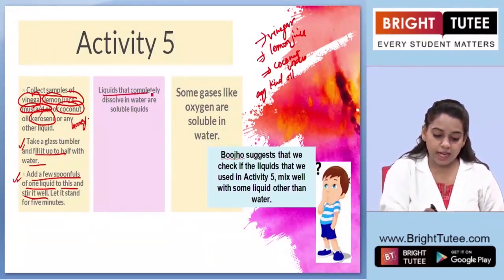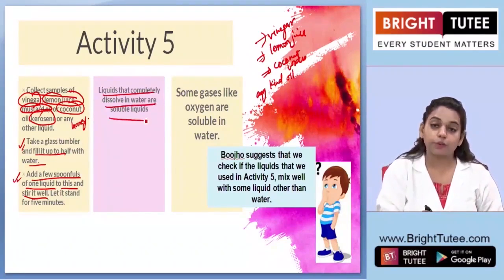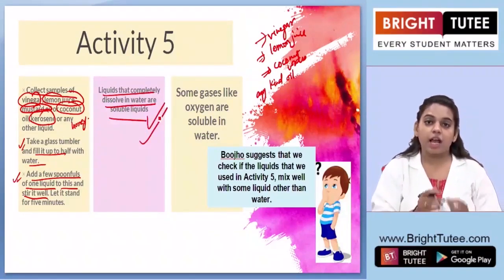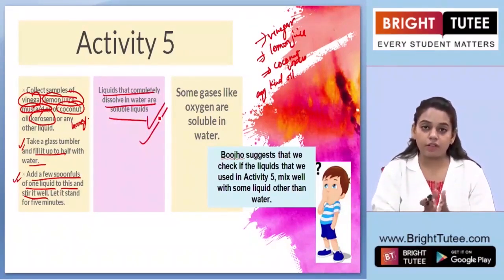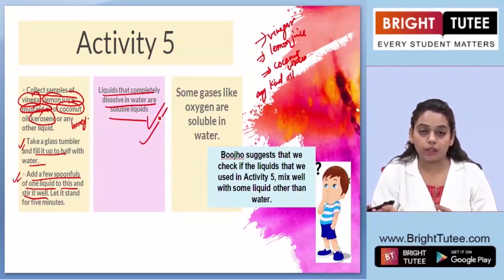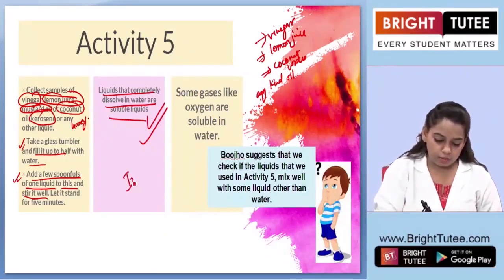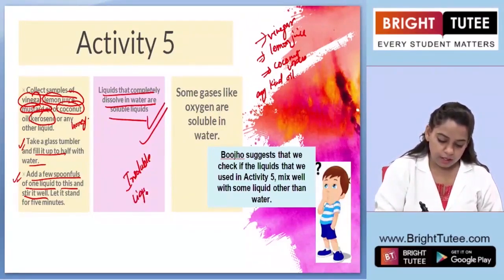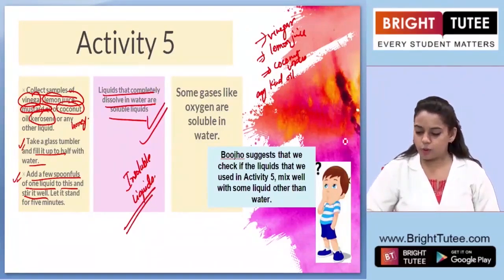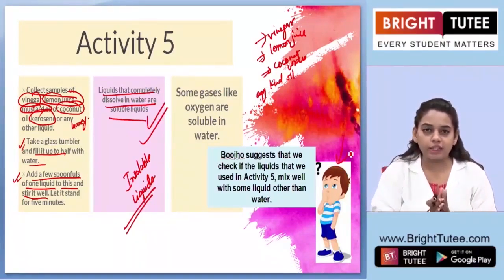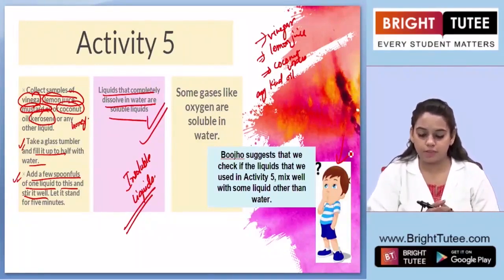So the liquids that completely dissolve in water are known as soluble liquids, and the liquids that do not dissolve and form a separate layer in water are known as insoluble liquids.